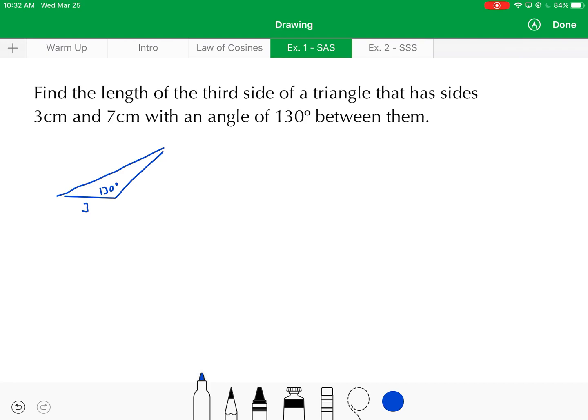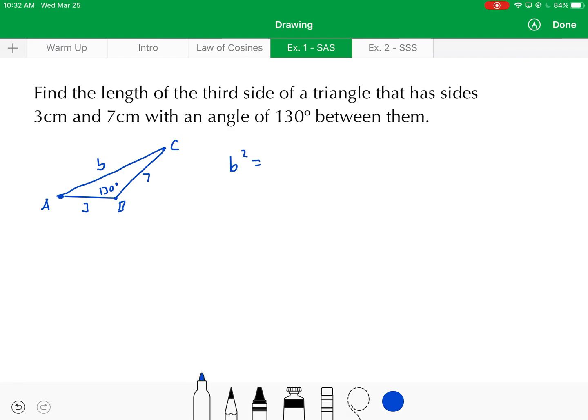I'll say this is the side length of 3 centimeters. This is the side length of 7 centimeters. And let's just assign some letters here. So A, B, C. And it wants us to find the third side length, so that would be side length B, right?